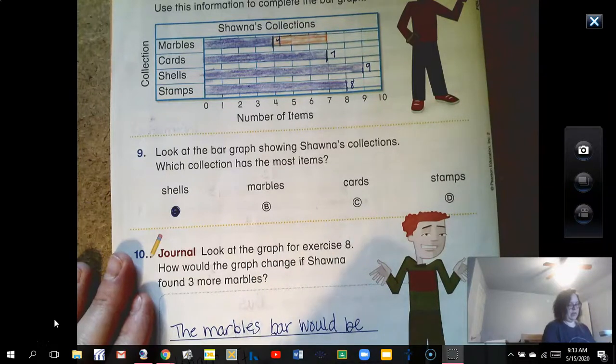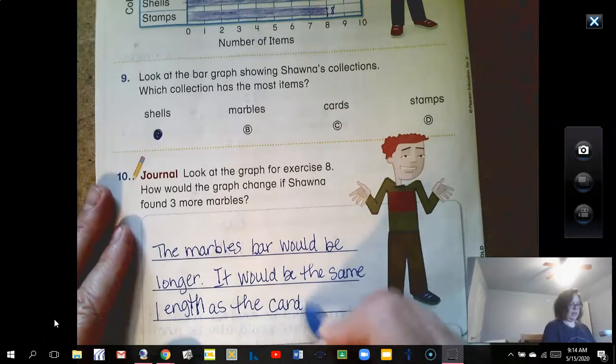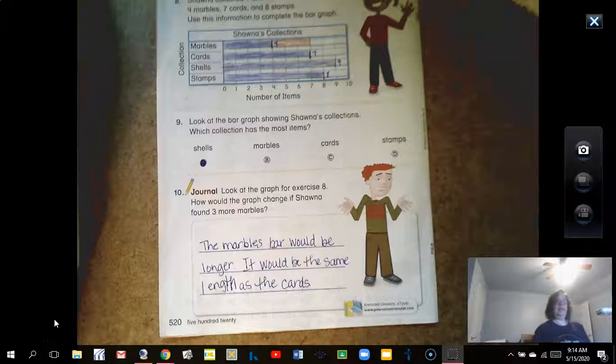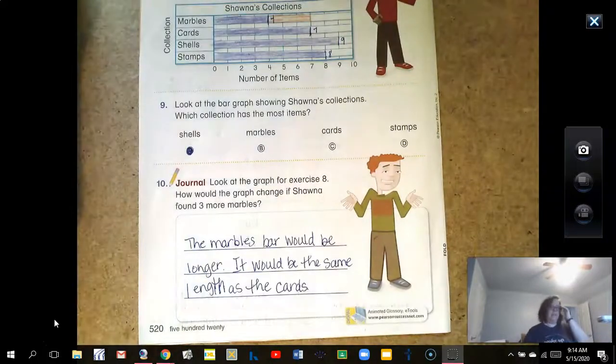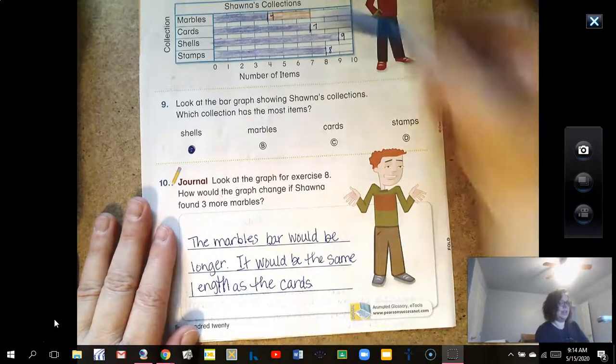It would be the same length as the cards. There we go. So the marbles bar would be longer. It would be the same length as the cards.